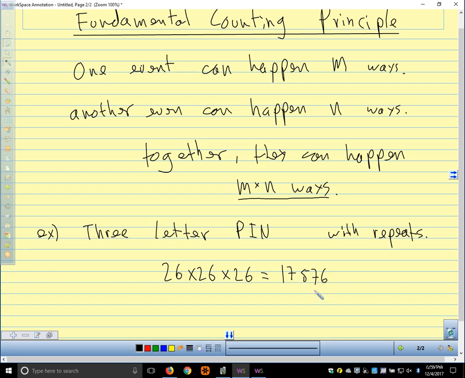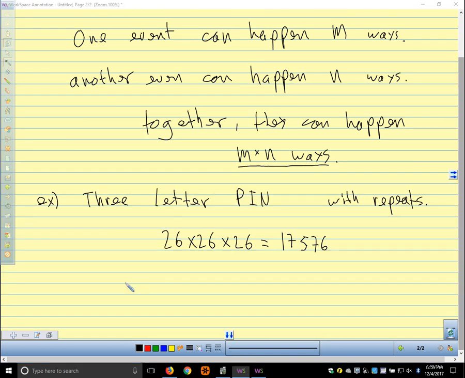So that gives us 17,576 different 3-letter PINs. That seems like a lot, but computers can calculate all those 17,000 PINs very quickly. What if we wanted not to have repeated letters?